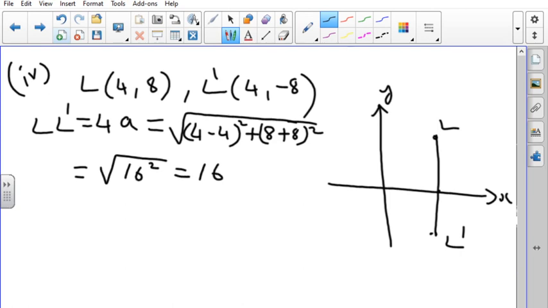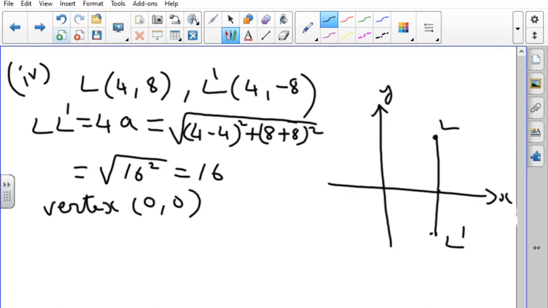So 4a is equal to 16. And here the vertex is 0 comma 0.